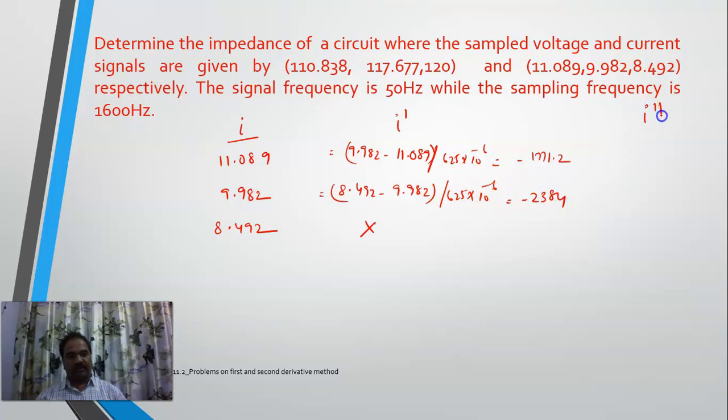For I double dash, the first and last values won't exist. The middle value will be minus 2384 minus 177.2 by 625 into 10 to the power of minus 6. Minus of minus will become plus here.